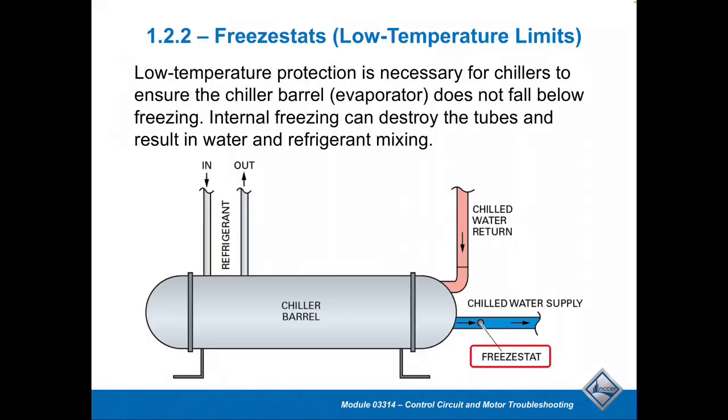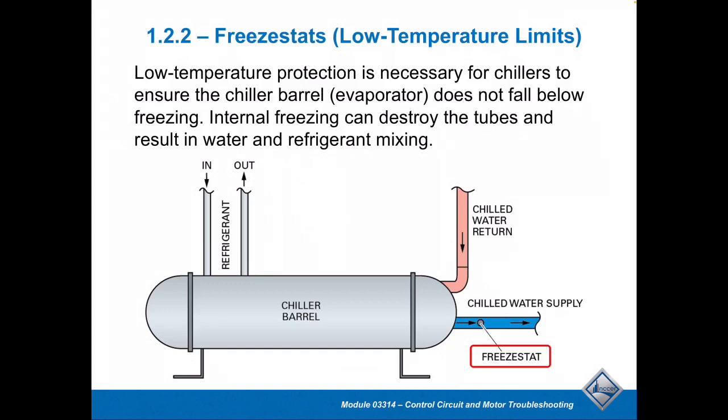All right. So the next one we'll look at here in item 1.2.2 is a freestat. The freestat allows me to provide some sort of low temperature protection on a chiller. On a normal chiller, I might not want to go down below a certain temp.